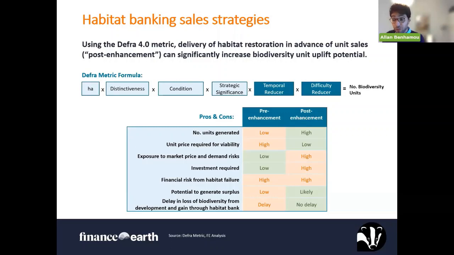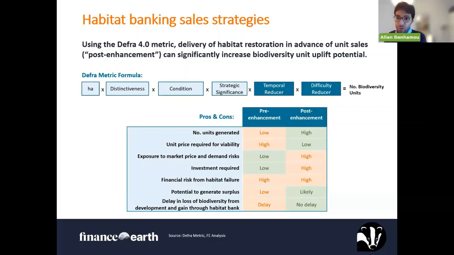The DEFRA metric uses specific factors, so the number of hectares, the distinctiveness, the condition of the site, the strategic significance, and it also applies specific temporal and difficulty multipliers to calculate the number of biodiversity units that can be generated and then sold.